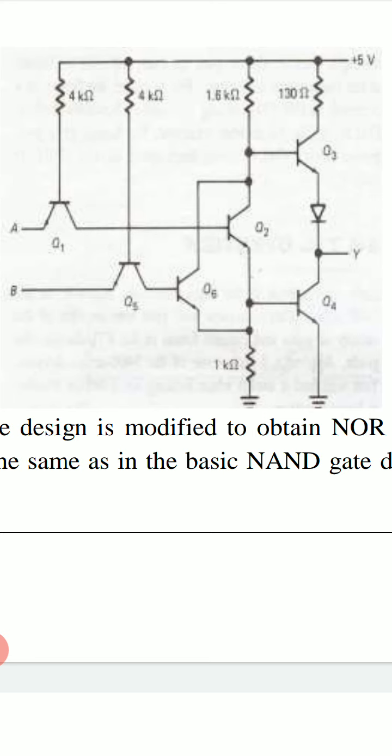The basic design of TTL NAND gate is slightly modified now. Now we have two inputs A and B, and these two inputs A and B are separately given to emitters of two transistors Q1 and Q5.